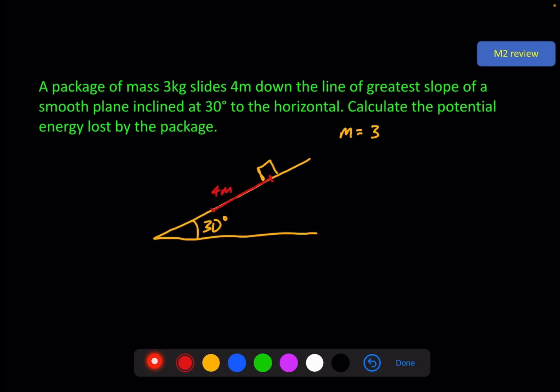Now remember, the vertical height is what we need here for potential energy, not the height down the plane. So for the vertical height, we need to create our right angled triangle here to calculate h.